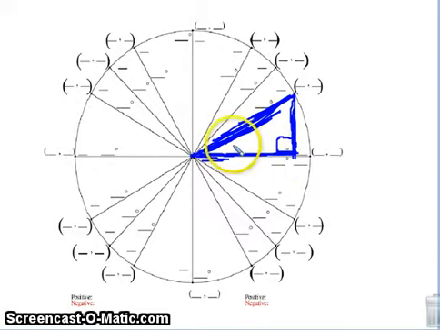So square root of 3 times 1/2 is just going to be square root of 3 over 2. And 1 times 1/2 is just going to be 1/2.